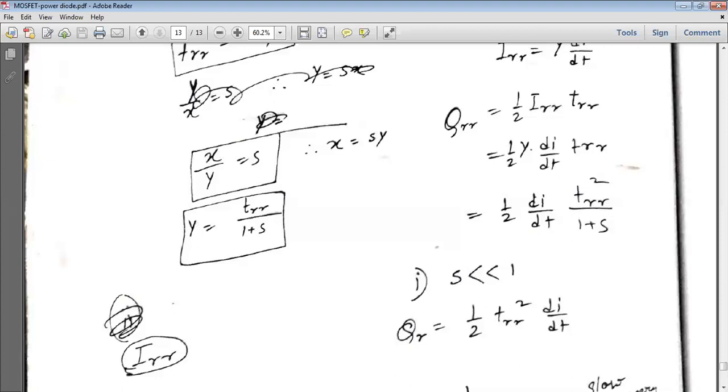Fast recovery diodes have a voltage rating of 4 kilovolt and current rating of 2 kiloampere, and reverse recovery time in nanoseconds. Fast switching is possible in this case. This kind of diode is used in choppers and inverters. Schottky diode is a fast diode.